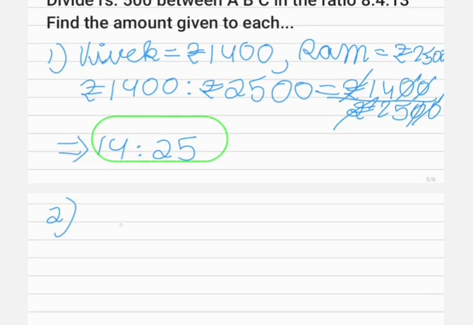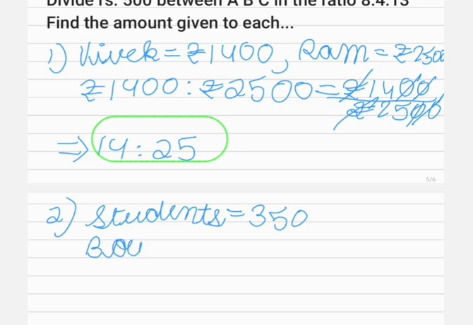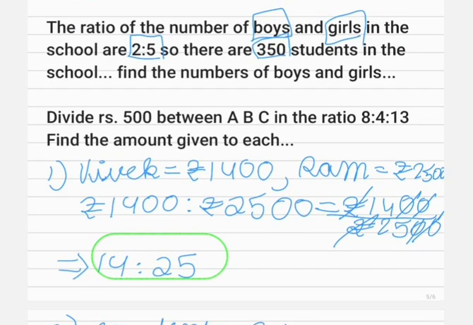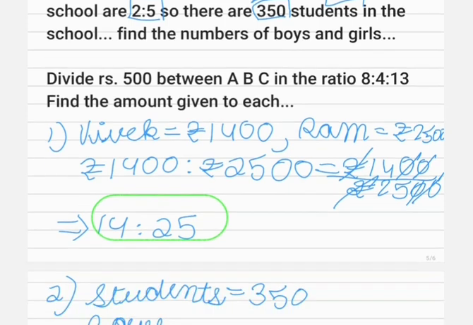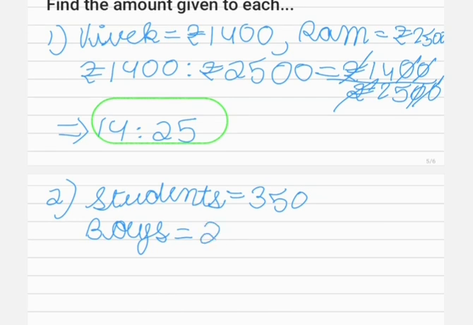See, the total students are 350. Boys, as you can see, 2:5 means the boys are 2 times and the girls are 5 times.